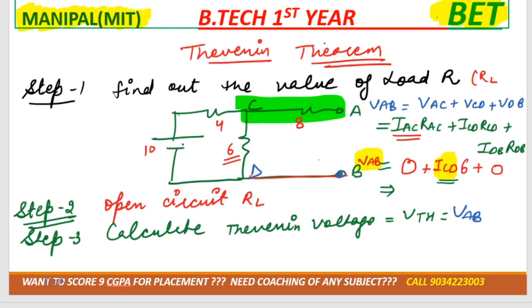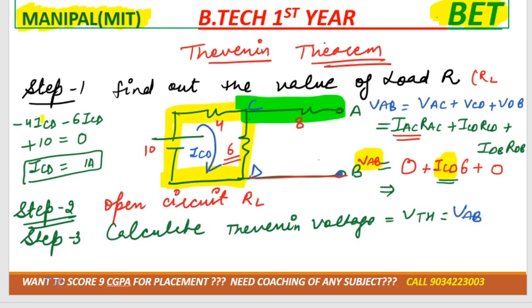Now see, you are moving from C to D, so the current should also move from C to D. Correct? By applying mesh analysis here, we directly get the value of ICD as 1 ampere. We substitute it over here, and after solving, we get VTH as 6 volt. So finally, we have the value for VTH. Clear up to here?